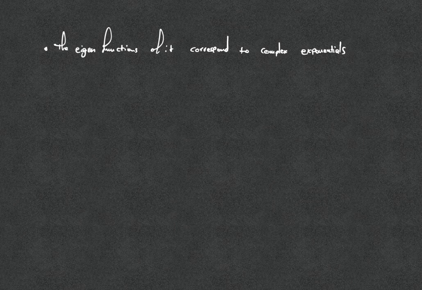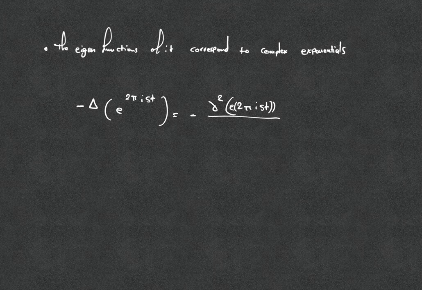Now, there is this important property about the Laplace operator: the eigenfunctions of this operator correspond to complex exponentials, meaning that, considering, for example, this simple case, this is x, by the way, you're going to have, first of all, an i2π.